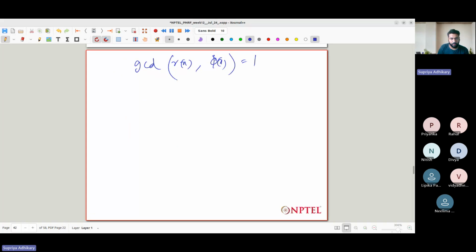Why? Because if not, then we can say that the GCD of r(x) and phi(x) is equal to some, let's say, t(x), such that the degree of t(x) is equal to 0. That is, t(x) is basically a constant value. So if not, then we can assume that the degree of t(x) is greater than 0.